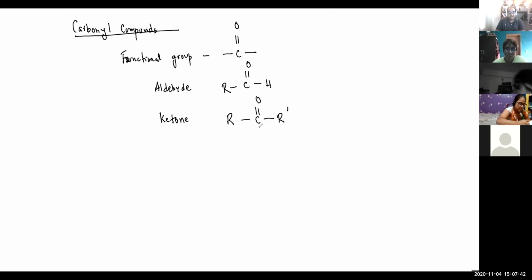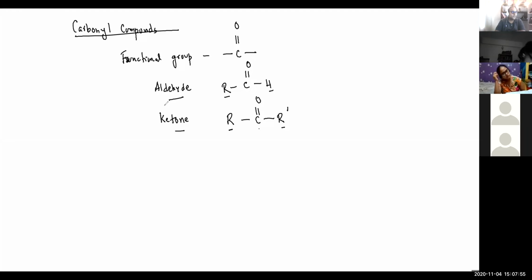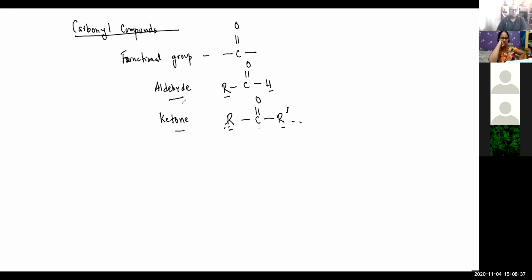So if a C double bond O is bonded to two R groups, it's a ketone. If it's bonded to one H and one R group, it's an aldehyde. Sir, what does R prime mean? R prime means these two are different groups. It could be the same or it could be different. Sir, R is an alkyl group? Alkyl group, yes. So the functional group is C double bond O.